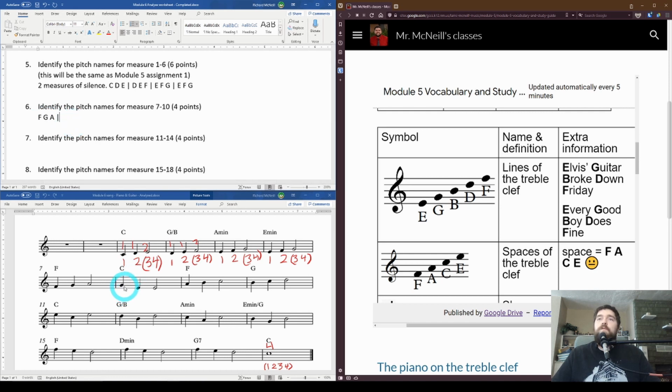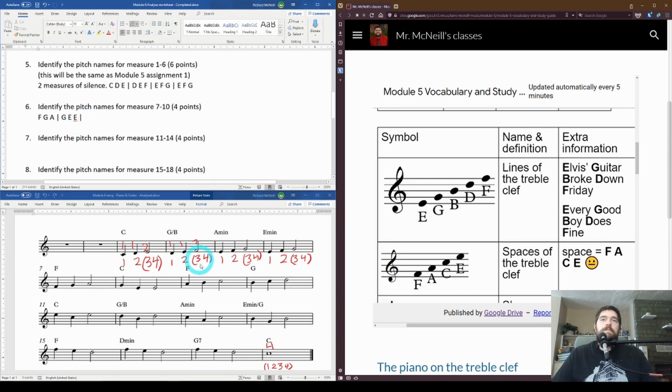This next one we have already figured out: second line, Elvis's guitar. Then we have E for Elvis, and another E after that one.